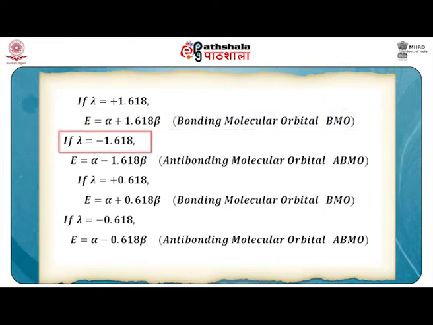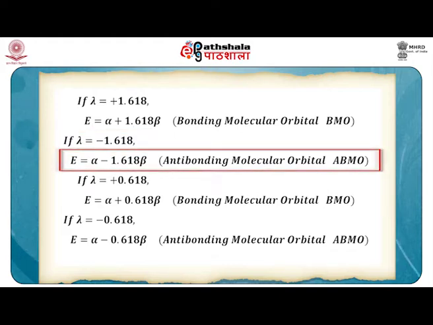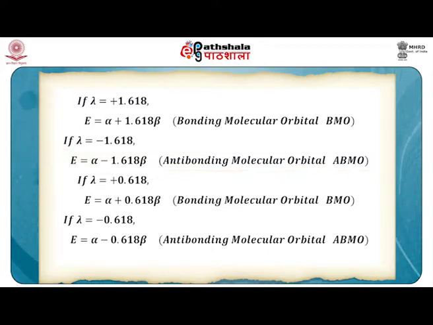Secondly, if lambda is equal to minus 1.618, we get E equal to alpha minus 1.618 beta. Here alpha and beta are both negative, but since the second term is negative, it becomes positive, and therefore this is higher in energy, so we call it the antibonding molecular orbital.